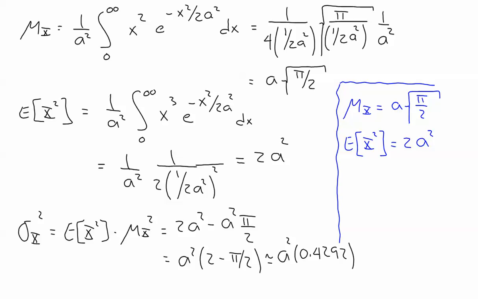Over here on the right-hand side, to summarize, my standard deviation can be written as a times the square root of 2 minus pi over 2, or my variance can be written as a squared times 2 minus pi over 2. All right?